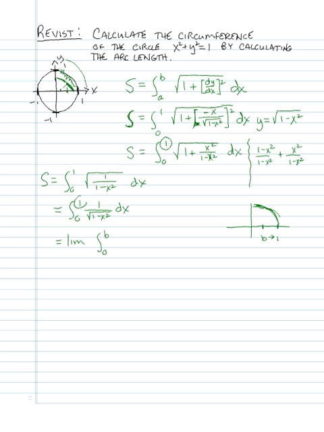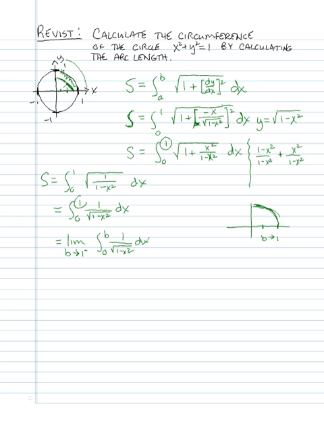So, 1 over the square root of 1 minus x squared. And of course, we're letting b approach 1, and it's approaching 1 from the left-hand side. So that means it's always smaller than 1, and so we have 1 minus a number close to 1 but smaller than 1 being squared, and so that's going to be a positive number, and the square root makes sense. Okay, so it all fits together.